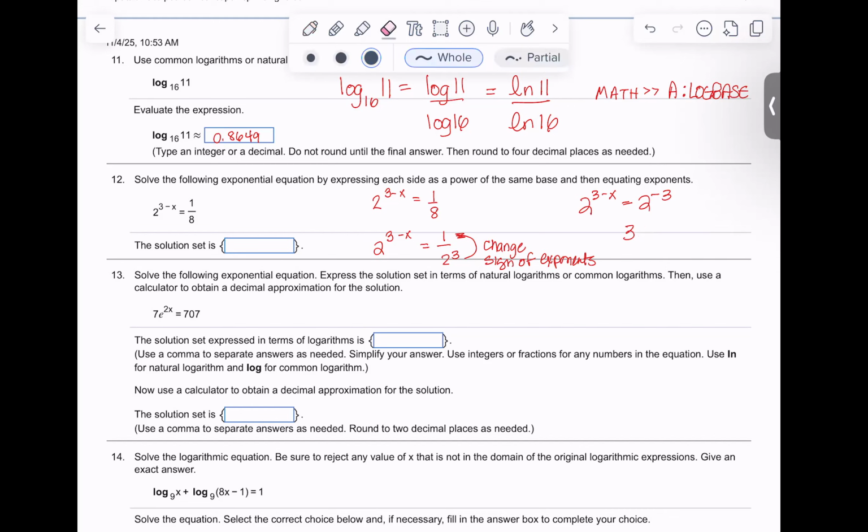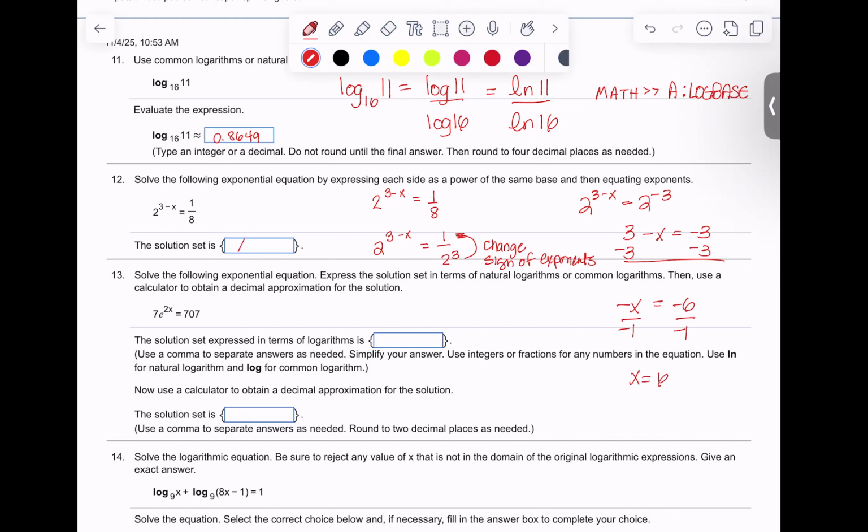So I have 3 minus x is equal to negative 3. I'm going to subtract 3 from both sides. And I get negative x. That negative in front of that x didn't go anywhere. Negative 3 plus negative 3 is negative 6. And then divide both sides by negative 1. And I get x is positive 6.